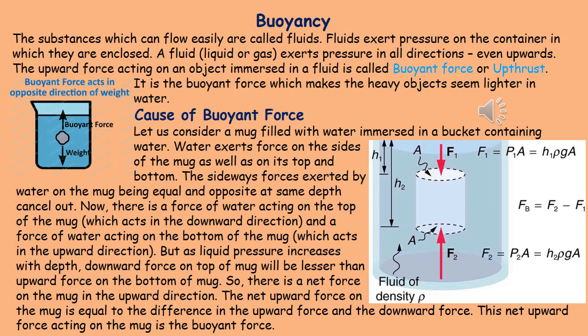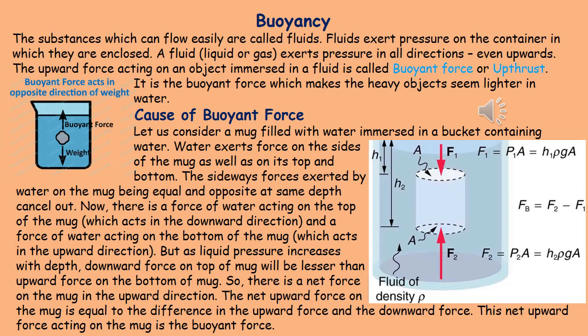So in this case, we can say that the downward force F1 is equal to P1 into A, that means pressure into area, and lateral pressure at that height will be h1 rho g, so F1 is h1 rho g into A. In the second position, the force is F2, which is equal to P2 A, that is equal to h2 rho g into A. The depth of the lower bottom part of the mug is h2.